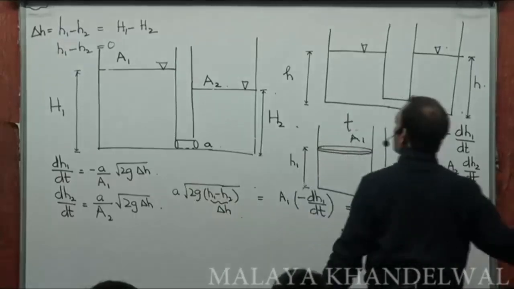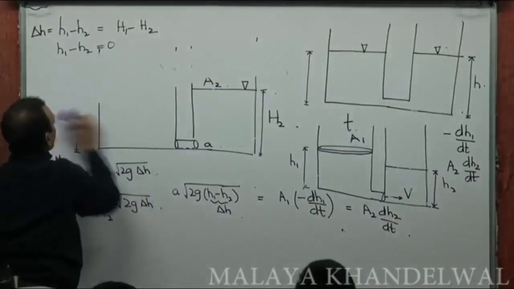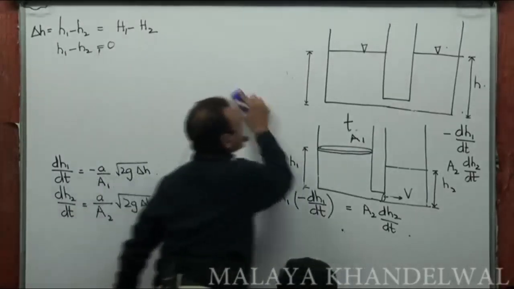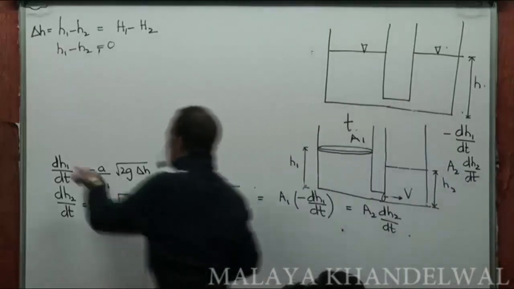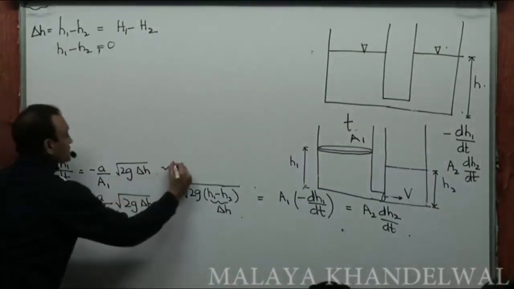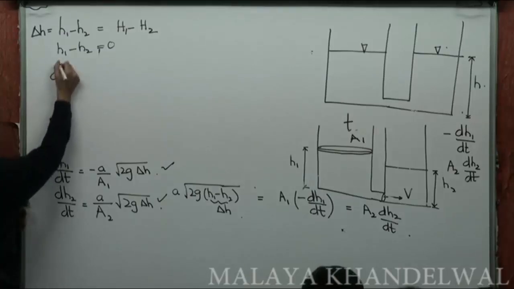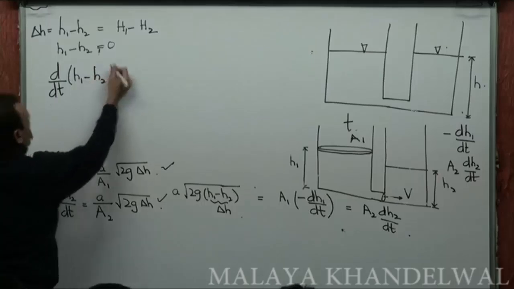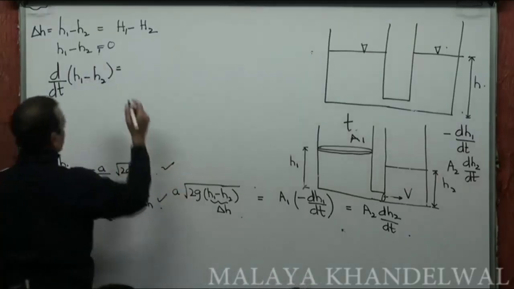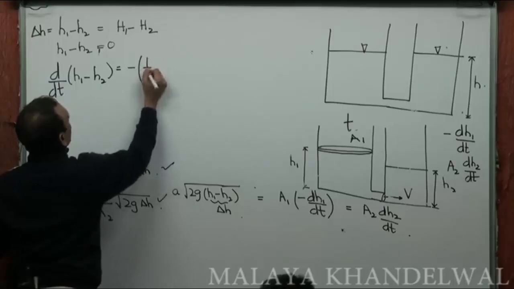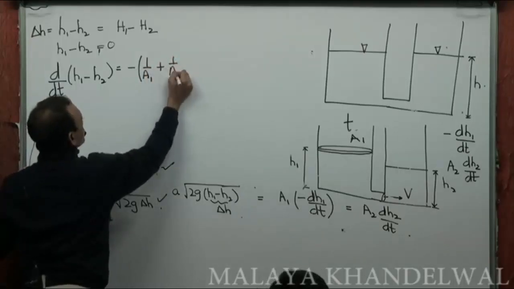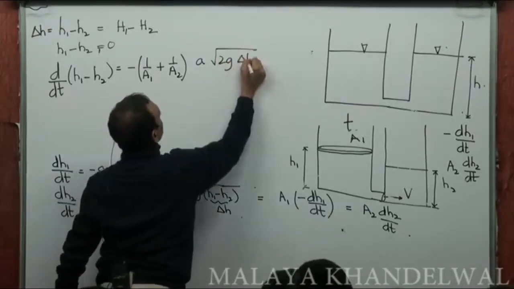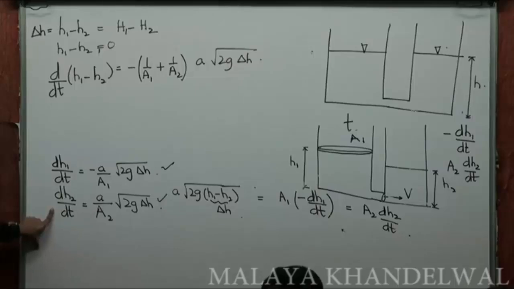So, if I subtract these two equations, then d/dt of h1 minus h2 is minus 1/A1 plus 1/A2, a times root 2g delta h. Yes or no? On subtracting these two, this is what happens.